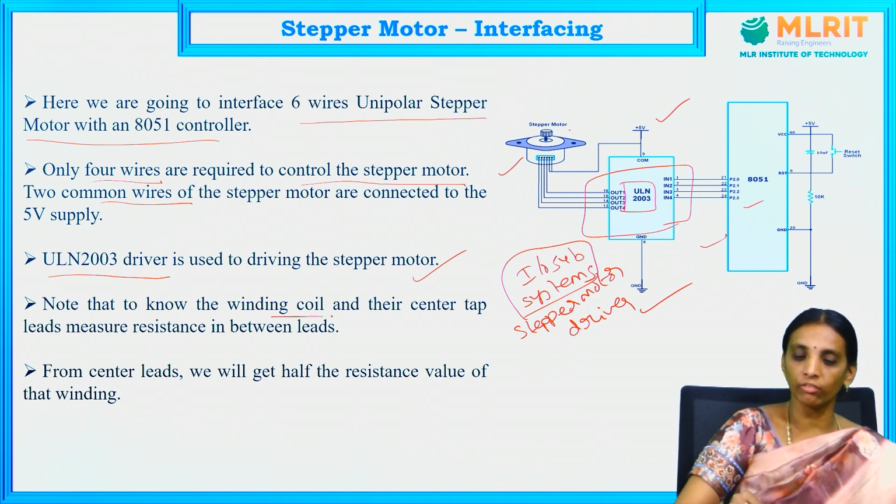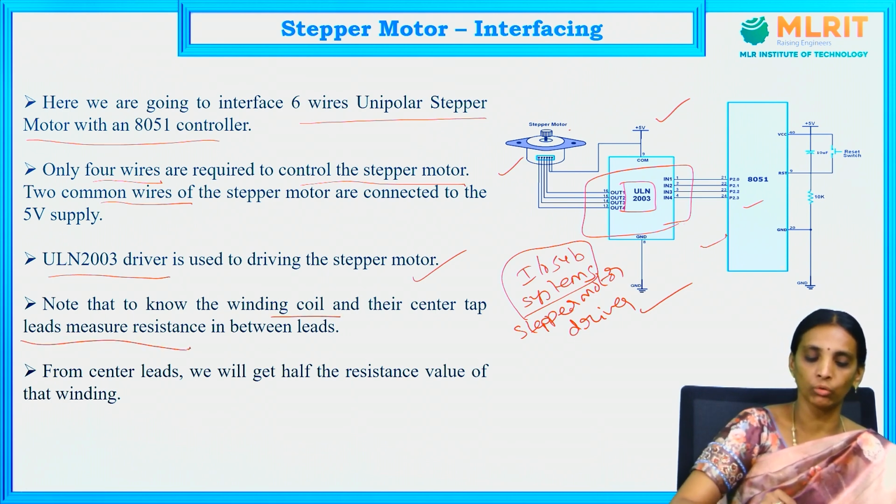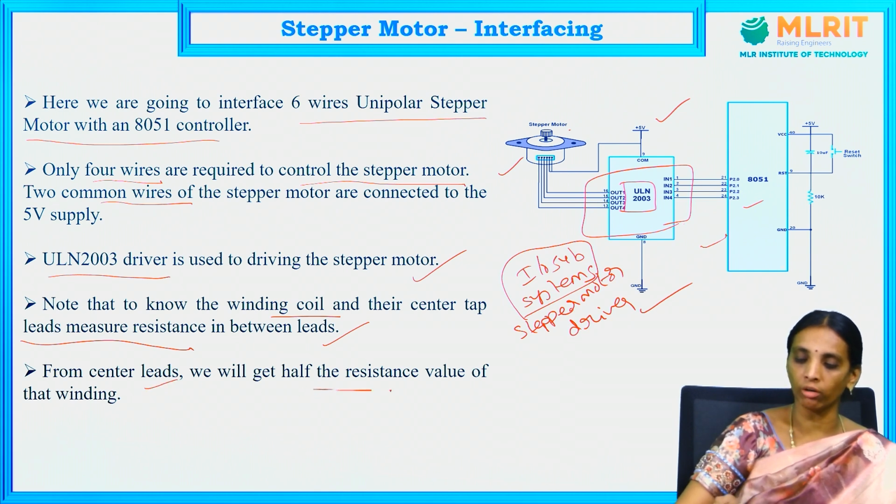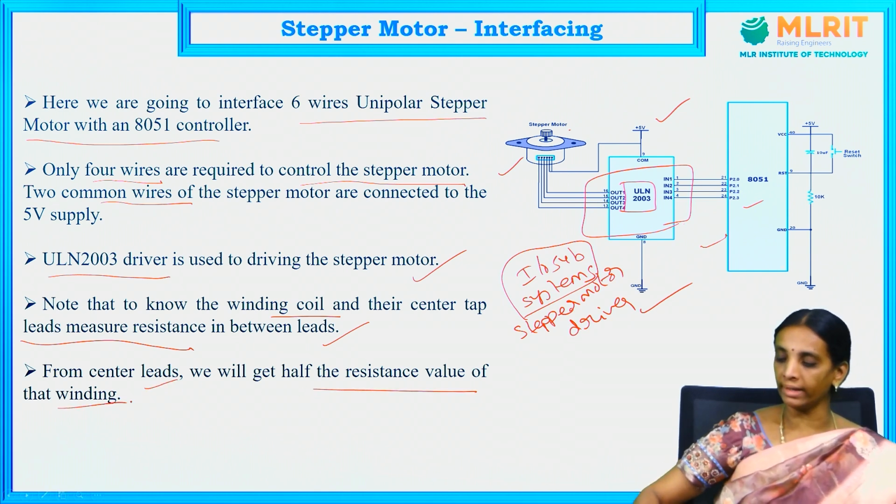For the winding of the coil and the center tap, measure the resistance between the leads, and from the center leads we will get half the resistance value of that winding. Depending on these values, we will get the number of steps per rotation.